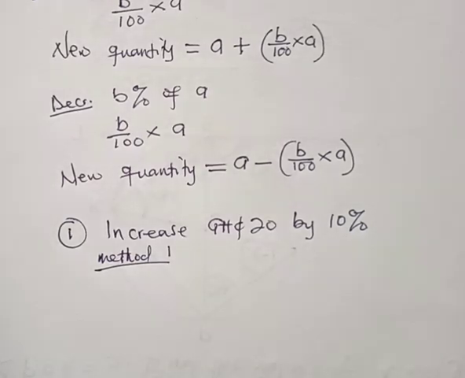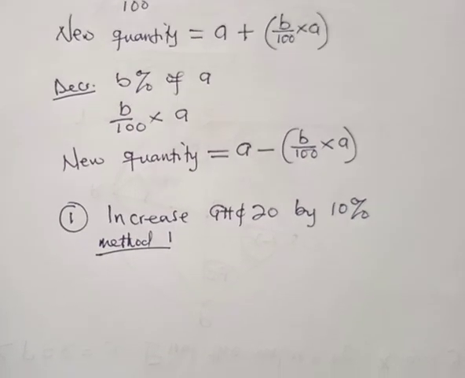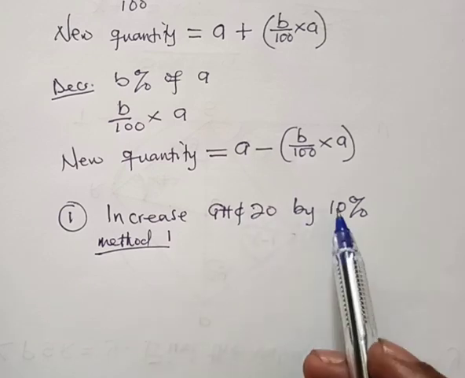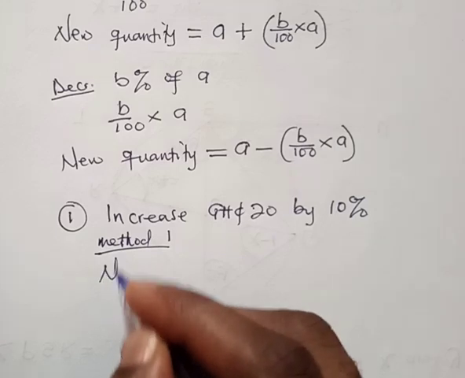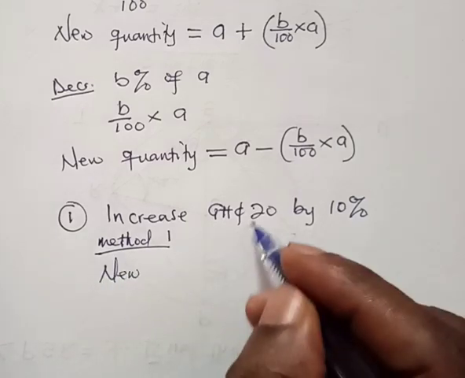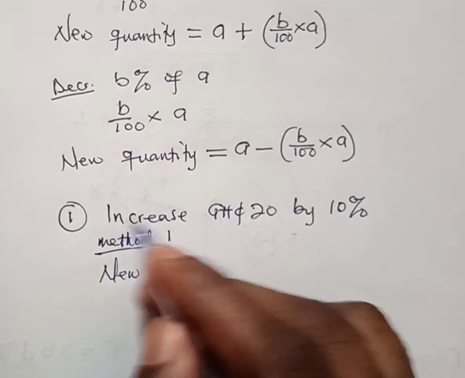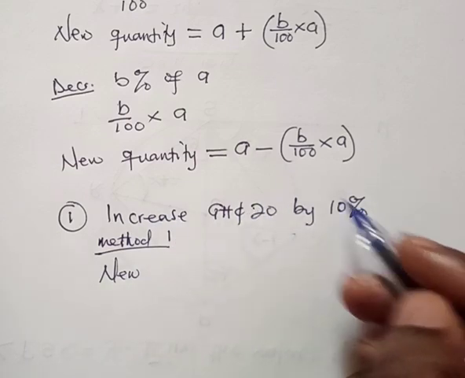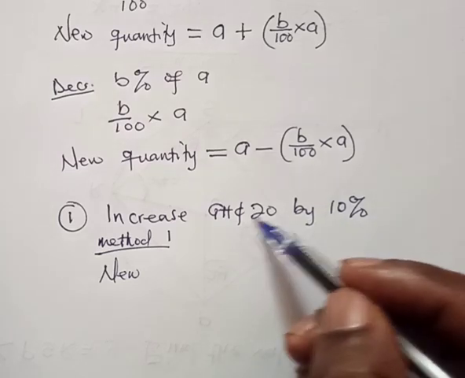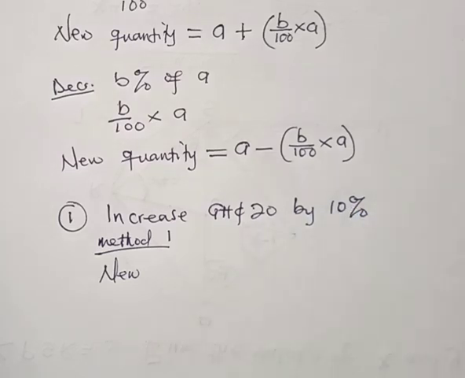In method 1, remember we said that whenever you have this, all that you do is find a new amount. This one is the original amount and you're asked to increase it by this. So we want to know, if I increase this amount by 10%, what amount am I getting?